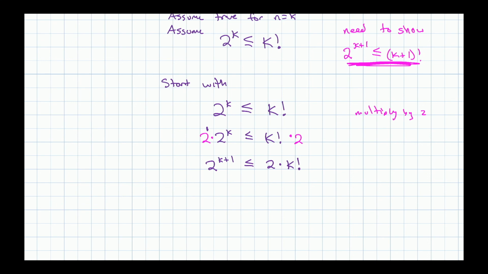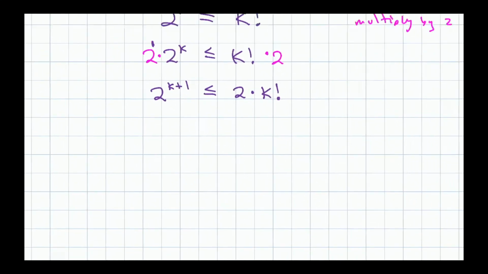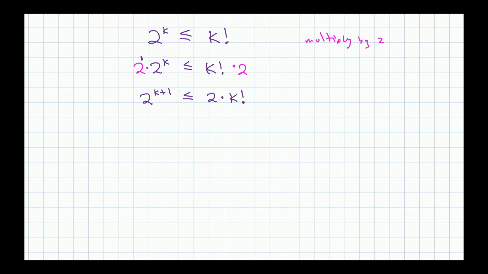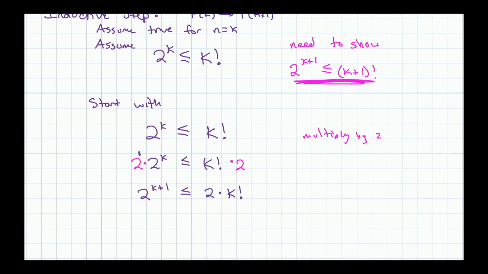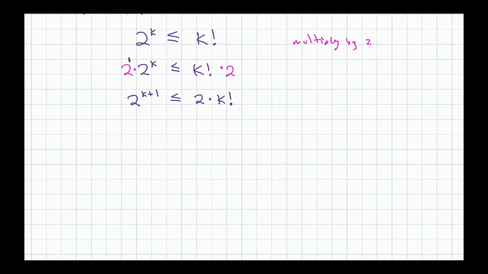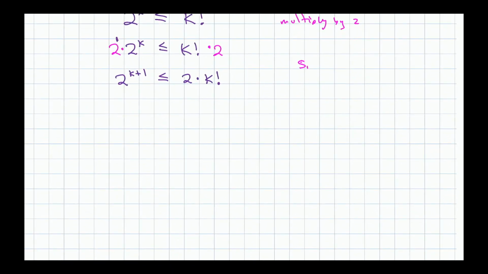We've got a 2 here, right? But how does 2 compare in size to k plus 1? Remember that k is 4 or bigger. Since we're only looking at numbers 4 or bigger, since k is 4 or more, isn't k plus 1 just greater than 2 for sure?